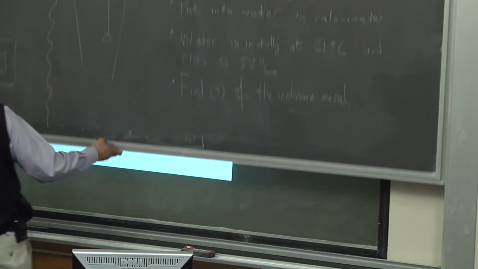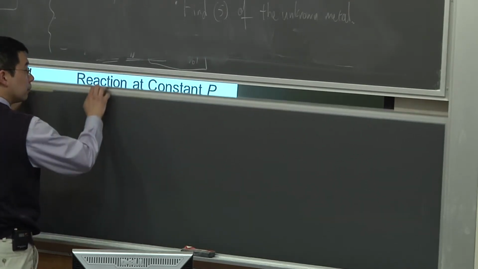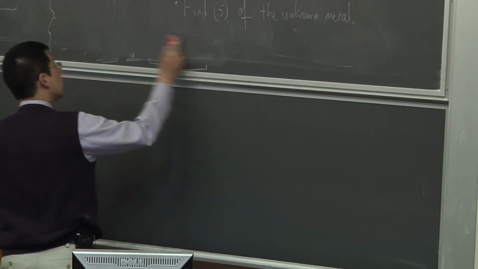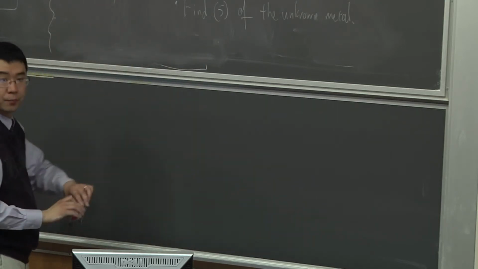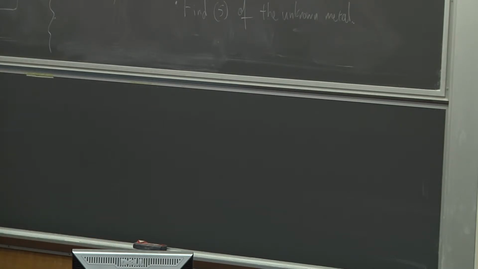So let's think about this. We've got a closed system comprised of two things. One of them is the iron bar, and the other one is the water. Because it's a closed system, Q is 0.